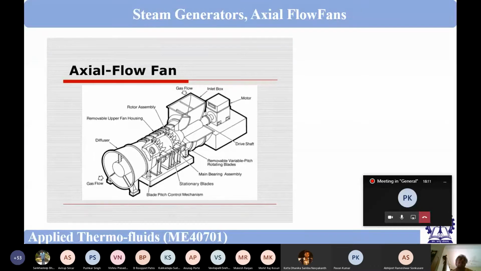So that means if it is a turbine and if the pitch angles are properly fixed, then it will give enough power. If it is a fan or a pump, then if the pitch angle is properly turned, it will draw a good amount of power, but at the same time it will give a good flow rate. So this is important, and this is one way of controlling the flow rate.